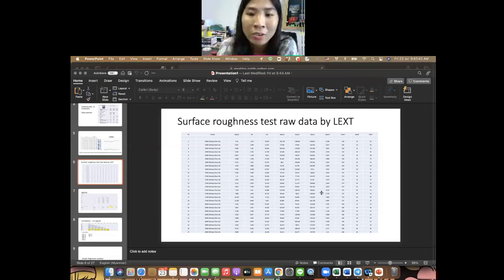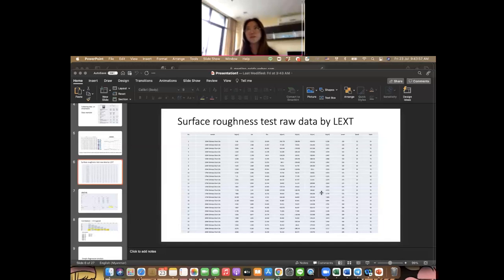Did you use any design of experiments technique, or did you just collect any data that you could, based on the limited machine time? Did you use any design experiment technique at all?